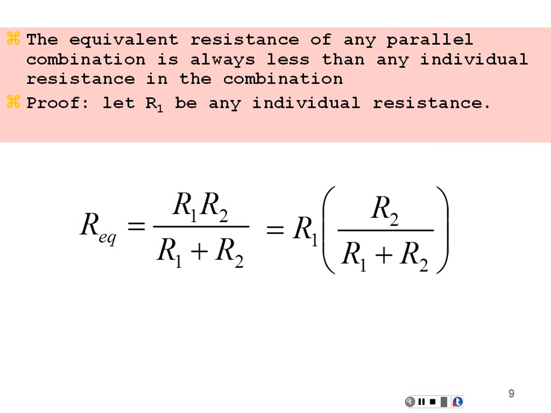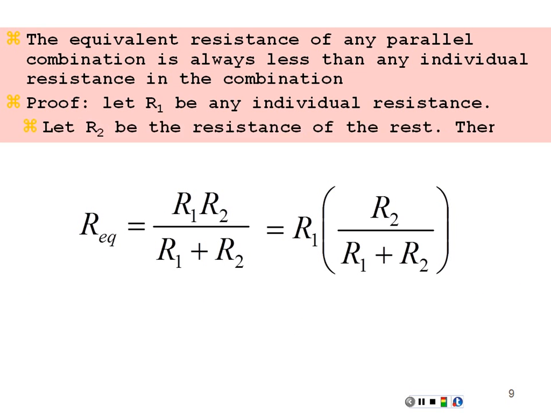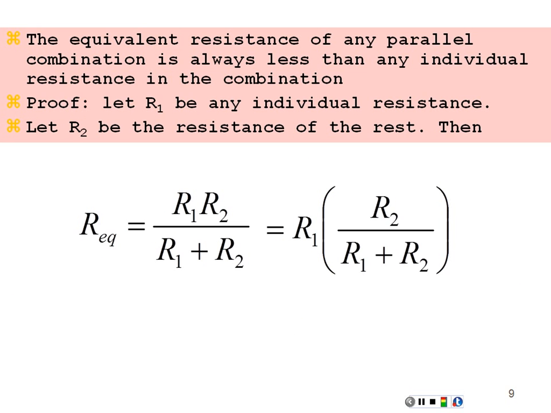Note also this, that the equivalent resistance of any parallel combination is always less than any individual resistance in that combination. How can we prove this? Well, let R1 be any individual resistance in the combination, and let R2 be the resistance of everything else. So we're going to have our particular resistor, R1, in parallel with everything else, whatever that configuration might be.